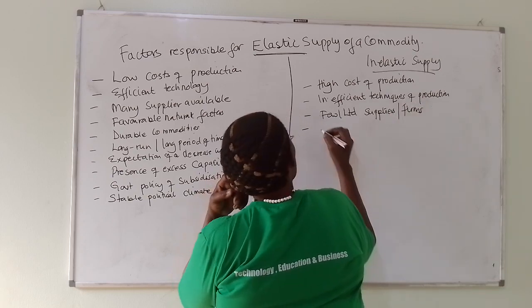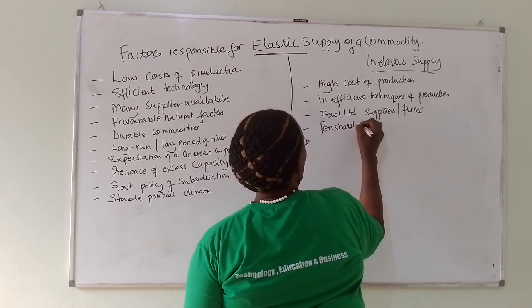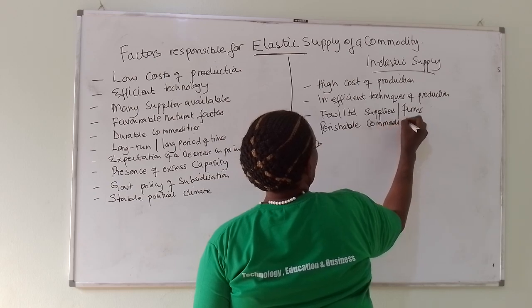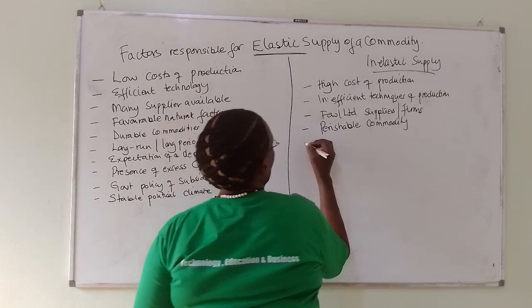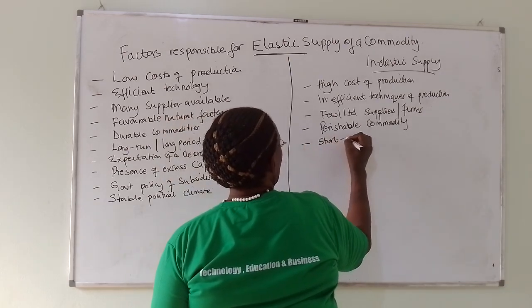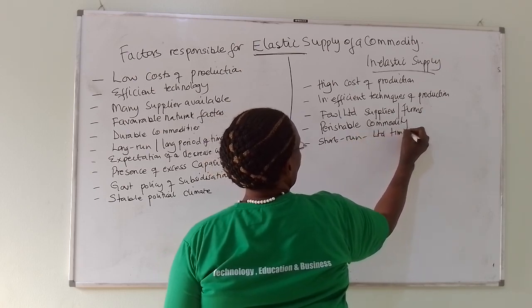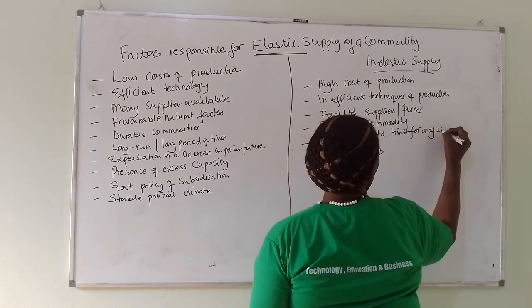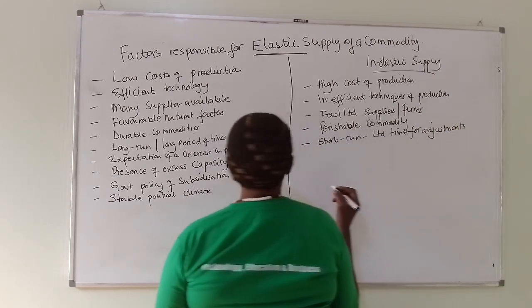We also have perishable commodity. It may be perishable, cannot be stored, hence not easy to increase its supply. The time may be too short. We are operating in the short run. We will have limited time for adjustments.